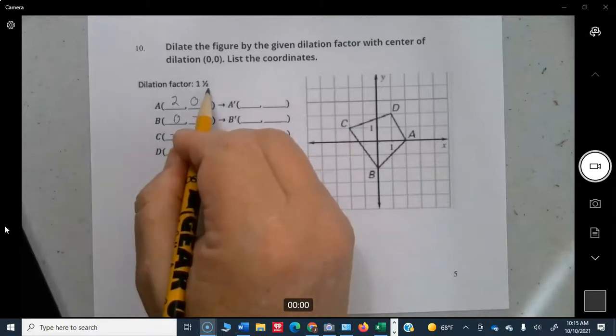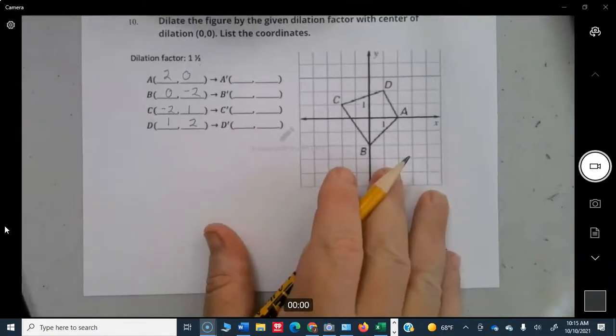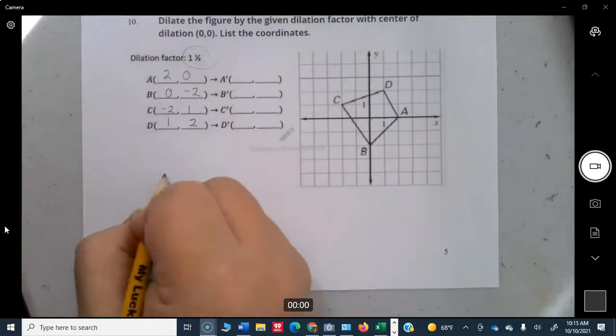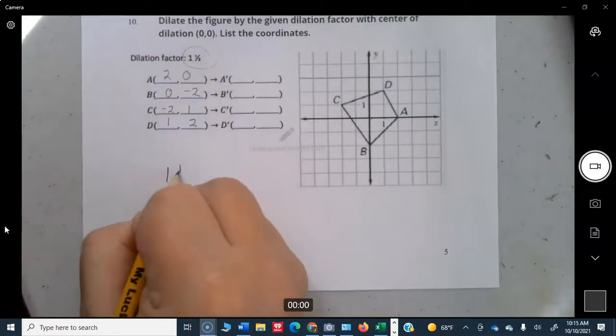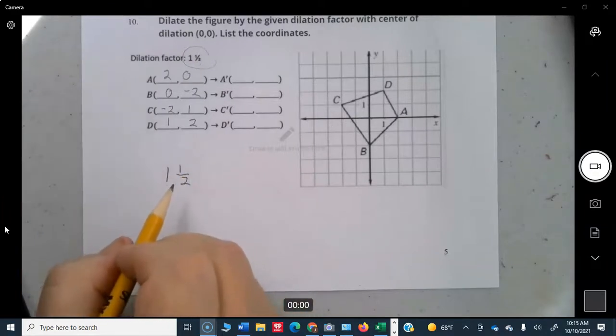This is a 1.5. Now you need to convert a mixed fraction into an improper fraction. You can't do math with mixed fractions. So the way you do it, I call it around the world.